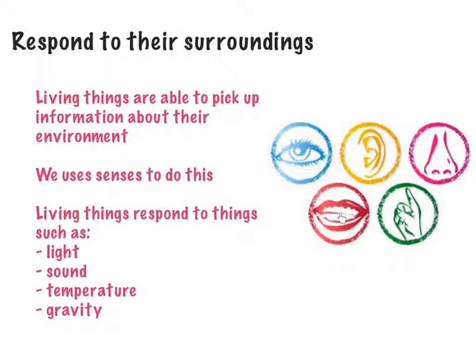We don't normally have a lot of mouths though either. It's for tasting. Right, some living things respond to sound. We know there are certain living things that use echolocation, so that could be a way we could talk about responding to their surroundings. Most living things respond to temperature changes, and some living things respond to that wonderful force that keeps us on the earth called gravity.